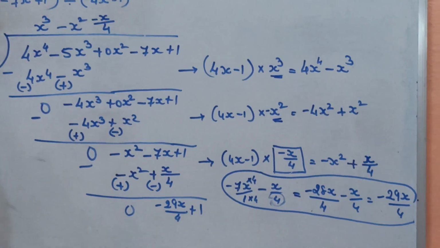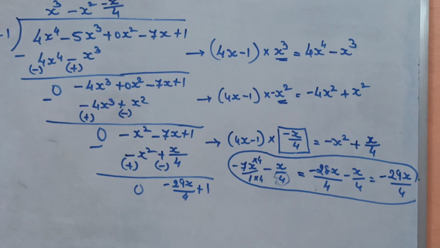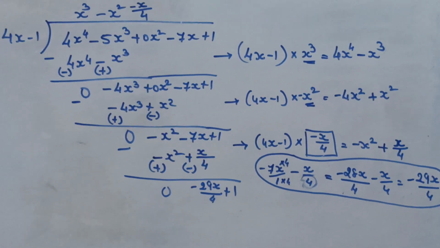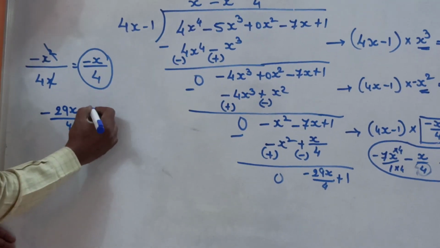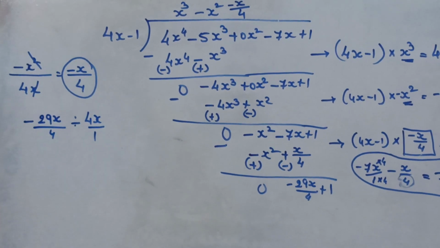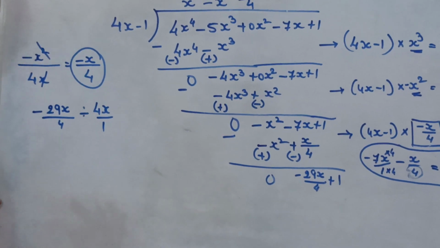Now it is very easy. 29x upon 4 divided by 4x. So I'll write over here minus 29x upon 4 divided by 4x, which means this 4x is upon 1. Now you have done this part in the previous sum.